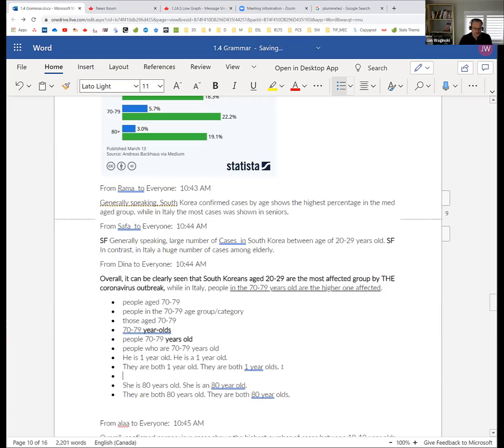Now, if we switch to 2, he is 2 year or years? 2 years old. Years old. And if you've got twins? 2-year-olds.